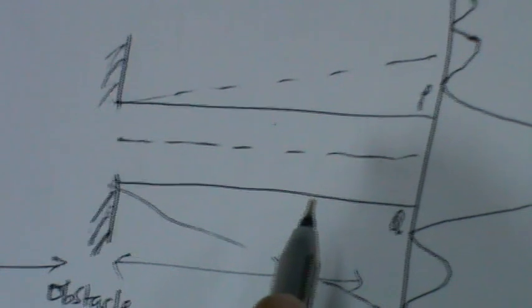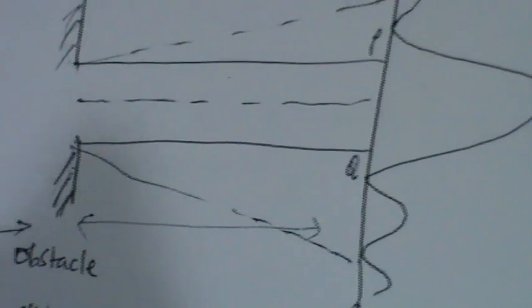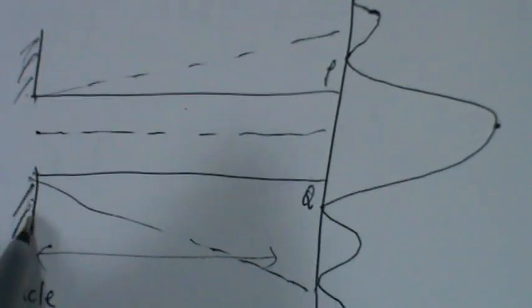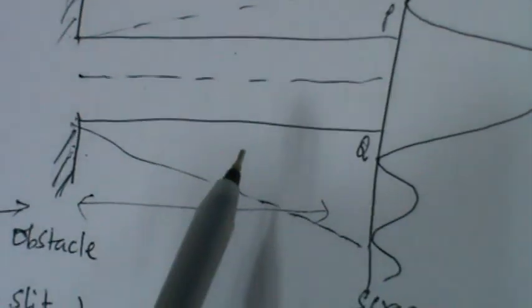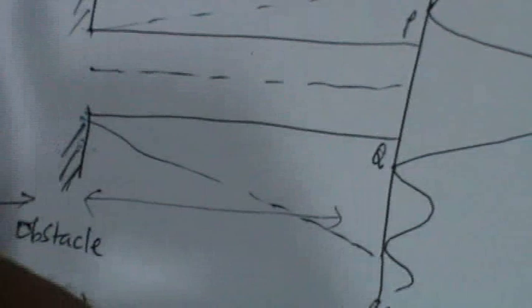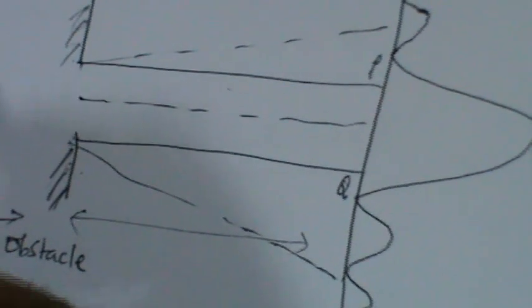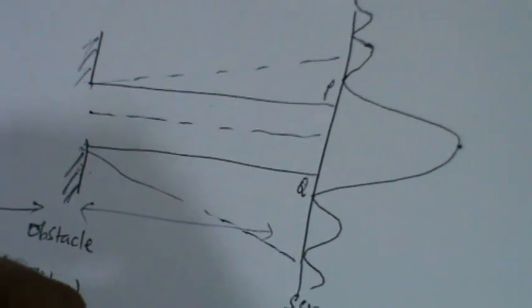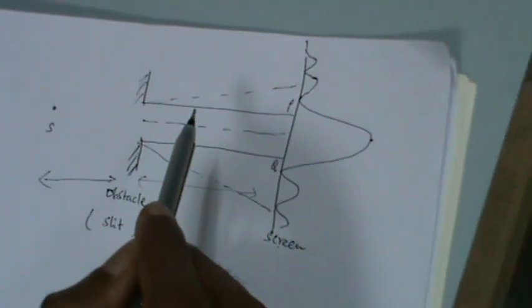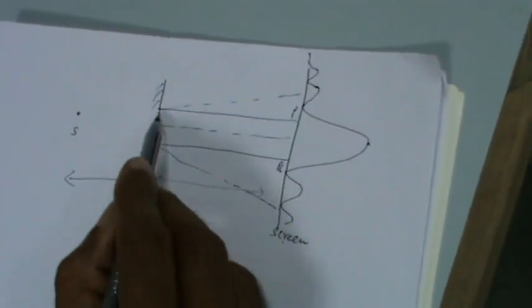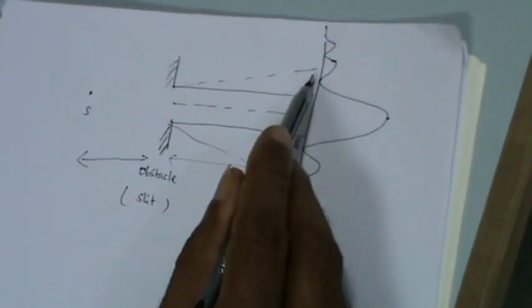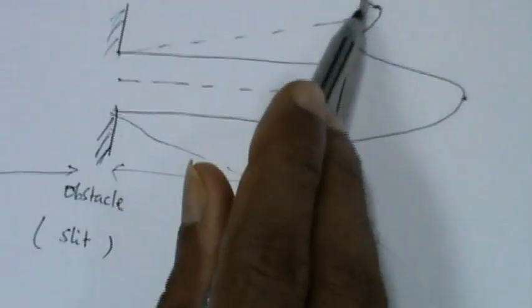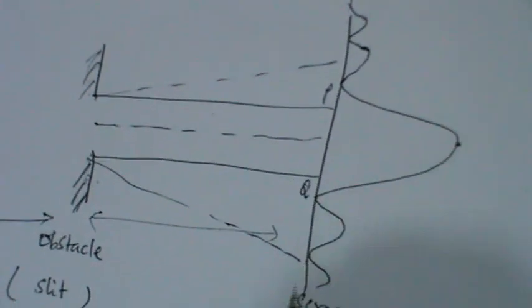On the contrary, in Fraunhofer diffraction, the distance between source and slit and the screen will be maintained large, so that essentially we get plane waves coming out of the monochromatic source of light, and then the light passes through the slit, and the bending can be realized on the screen in the form of variation in the intensity of light.